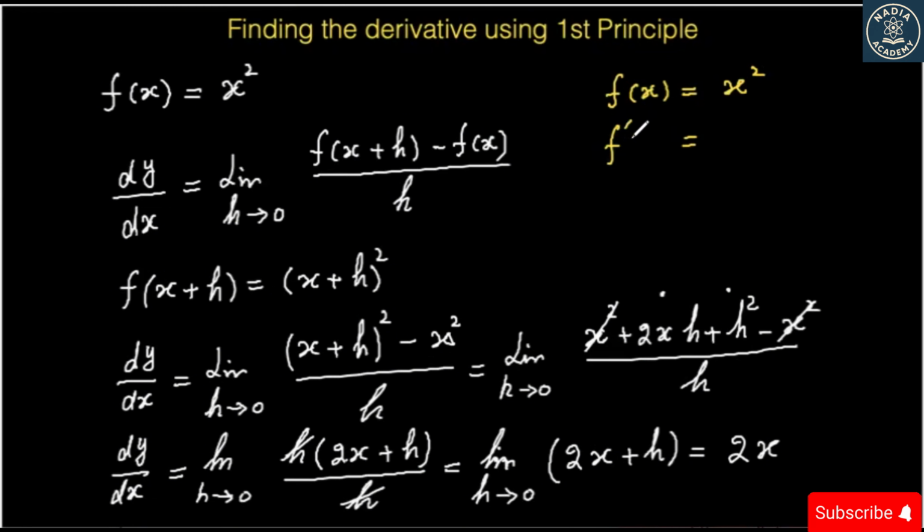You can also write the derivative of f of x as f bar or f prime, which equals 2x. And similarly, you will find that if your function f of x is x cube, its first order derivative with the definition will be 3 times x square.